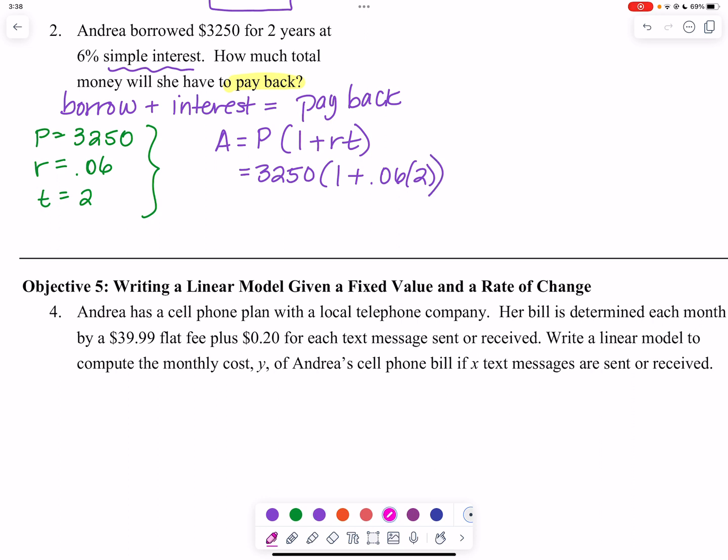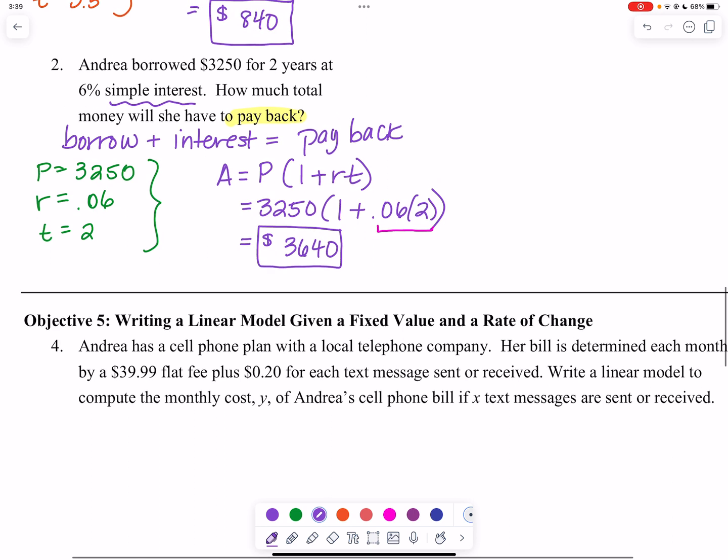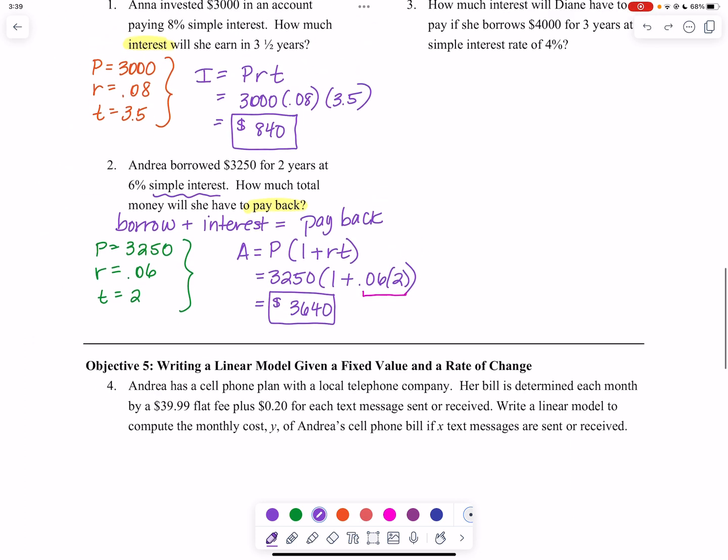So we will have to compute this 0.06 times 2 first before we add the 1. So putting that in the calculator, we have 36.40. So $3,640. And as you can see, it's the amount that she borrowed plus the amount of interest that she would have to pay after 2 years.